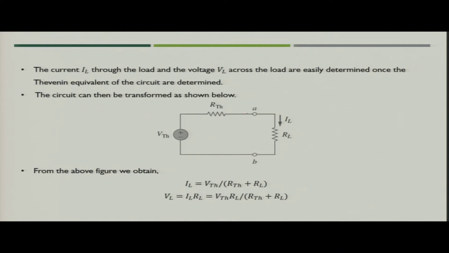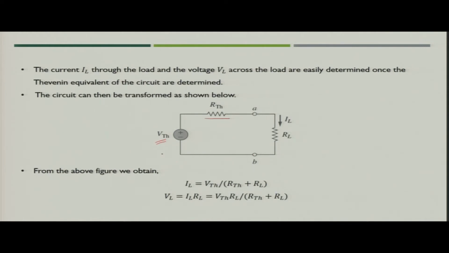Now, what you will do is the circuit external to your load RL would be replaced by its Thevenin equivalent, that is VTH and RTH. So, in that case, RL would be your load, and there will be one resistance RTH, the Thevenin equivalent resistance, and both would be connected through a voltage source, which is nothing but the Thevenin voltage.